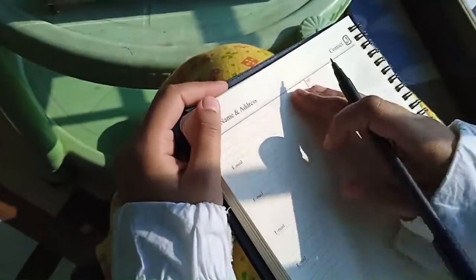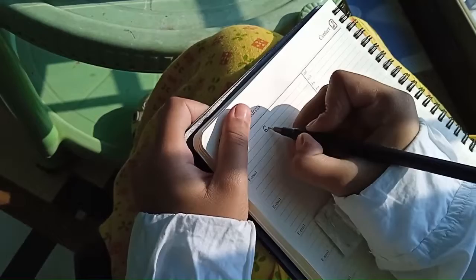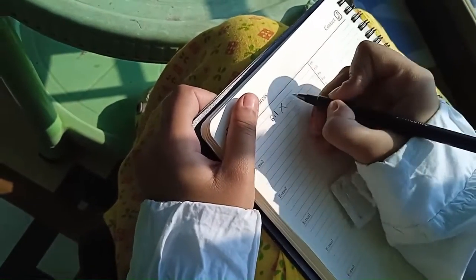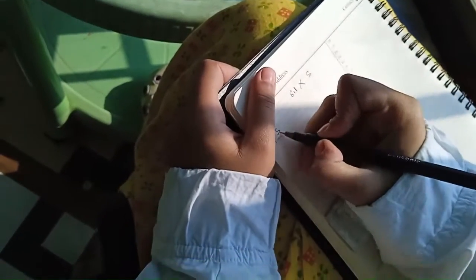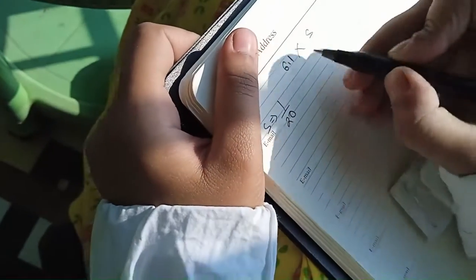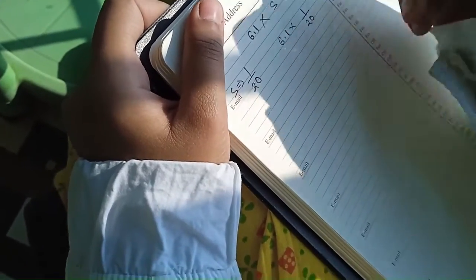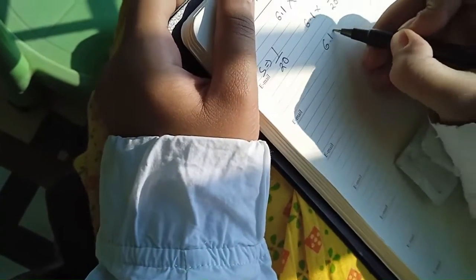So we have our main scale reading as 6.1. We have to multiply the 6.1 with S, and as we know, S is the main scale division, 1 by 20. So we'll multiply it with 1 by 20.